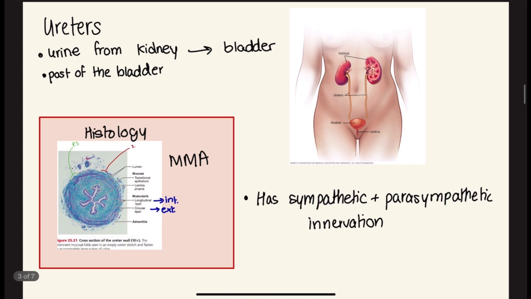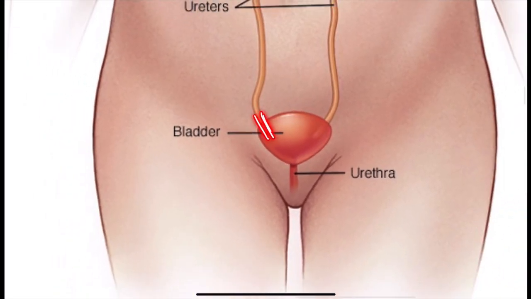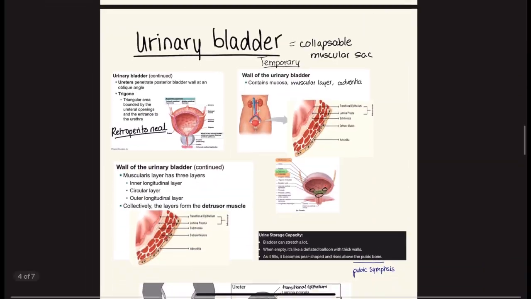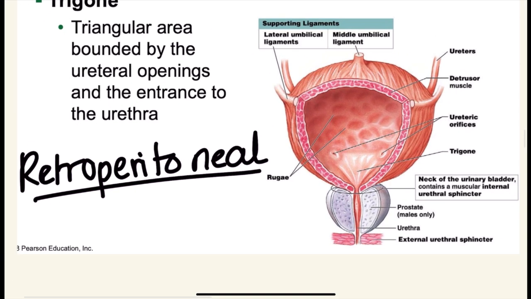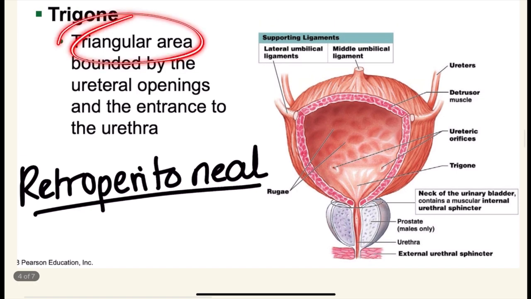Do you see over here, when they go into the urinary bladder, this is the upper part of the trigone. So it's the two ureteral openings, and then you're going to have the entrance of the urethra. The urethra is the structure over here, which we're going to come to in some time. Anyways, this is the trigone, which is a triangular area.